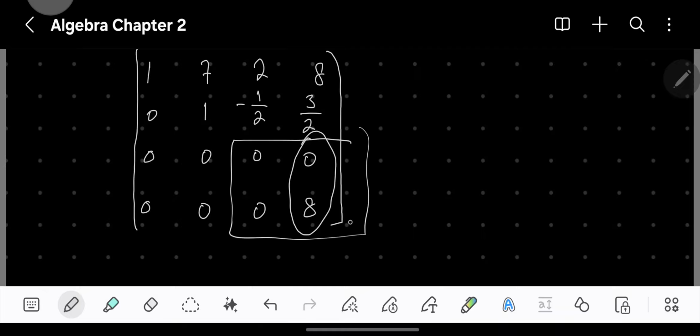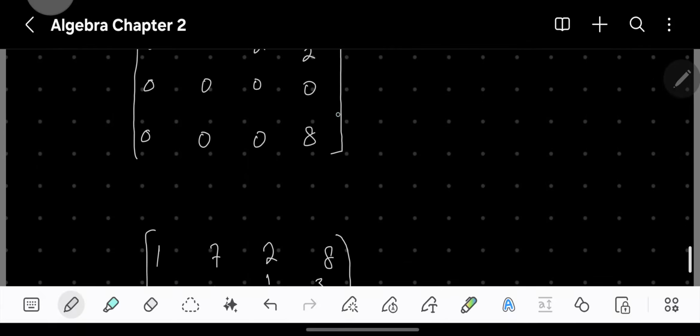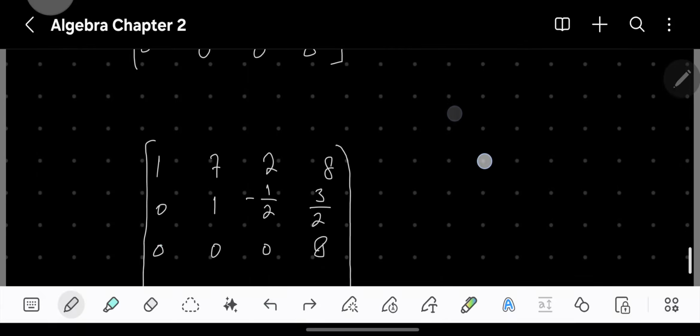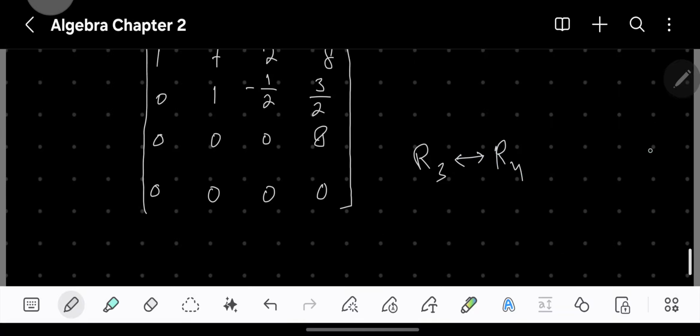In other words, we have to swap these two rows. So I have swapped these two rows here. What I have done: R3 is swapped with R4. Perfect.